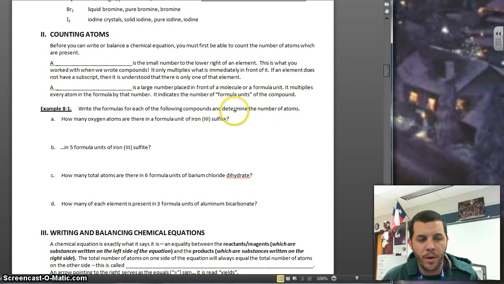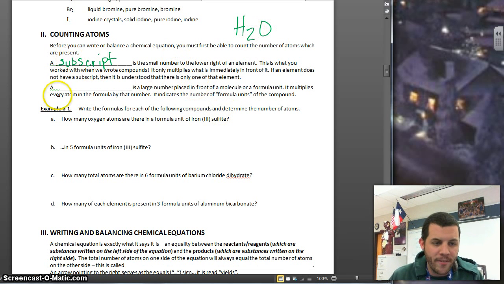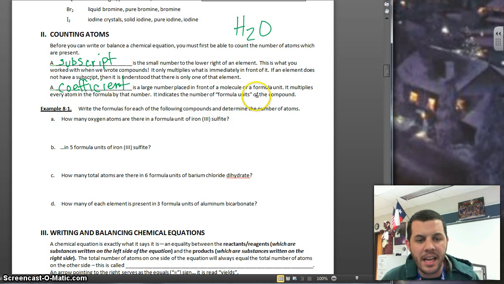First we want to know about counting atoms. A subscript is the small number to the lower right-hand side of an element. So when I write out H2O, the 2 is my subscript. A coefficient is a large number placed in front of a molecule or formula unit.